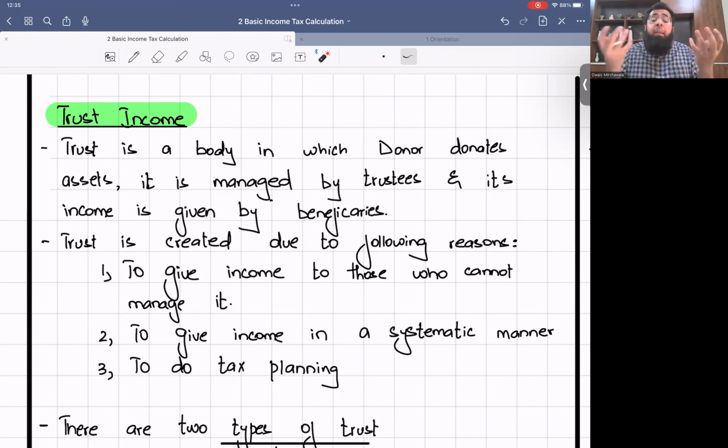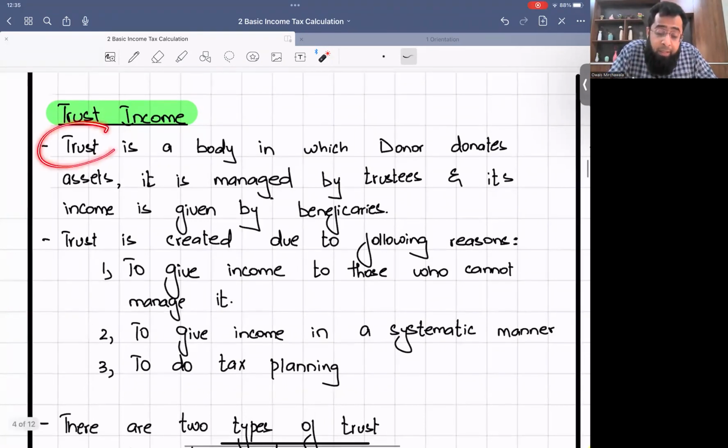But if I feel that the beneficiaries are unable to manage this entire activity, making a company will not be advisable. So what I'm doing is creating an entity that is called a trust, and that will be managed by a board of trustees. Obviously, those trustees will be getting a salary. So that is why these trusts are created.